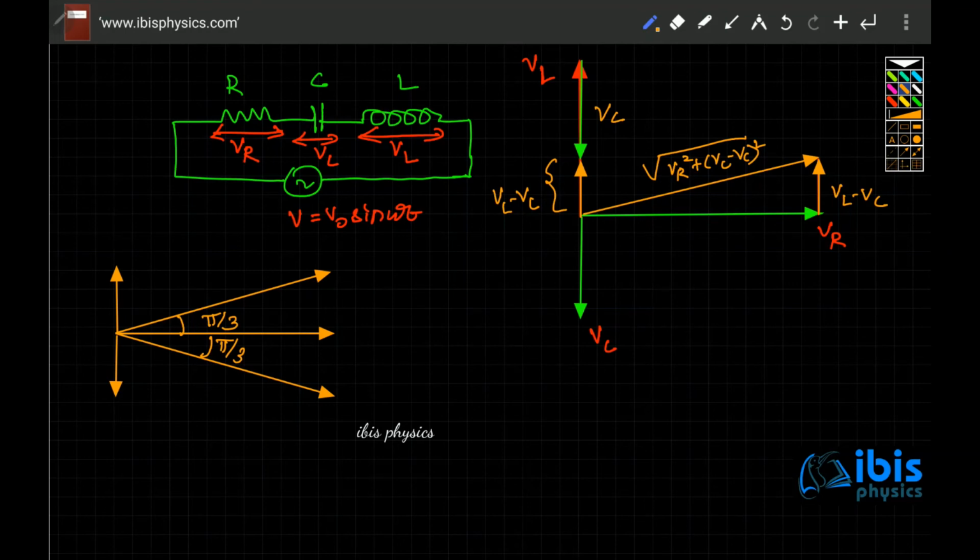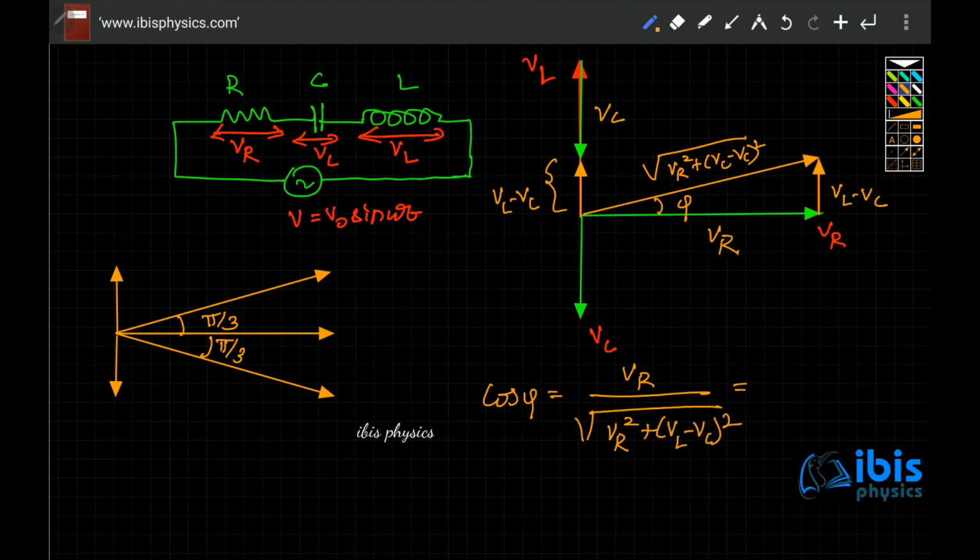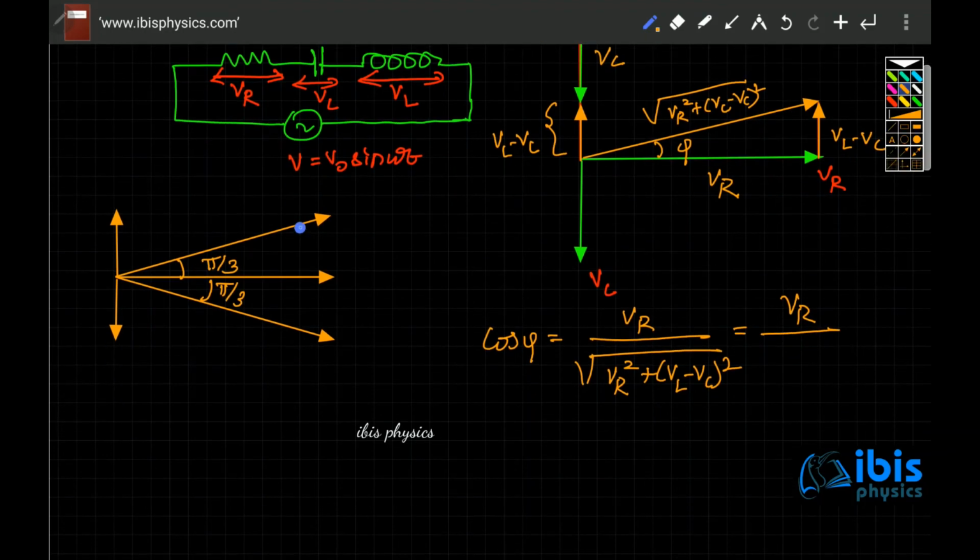So when they both are present, consider the power factor of the circuit, cos phi. According to the phasor diagram, the hypotenuse is the root of VR square plus VL minus VC the whole square. So cos phi is equal to the adjacent side VR by the hypotenuse, which is VR by the root of VR square plus VL minus VC the whole square. Because the effect of the inductor and the capacitor are the same, VL and VC are going to be the same.